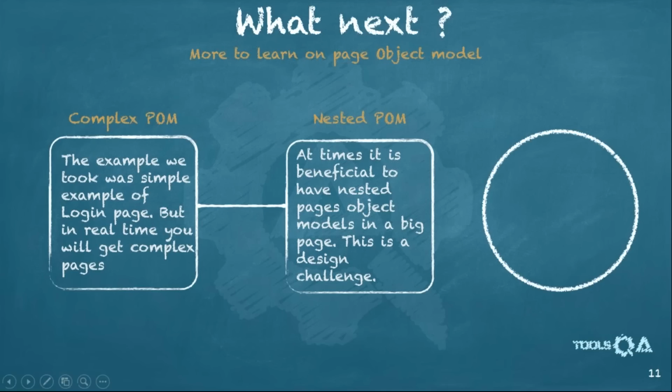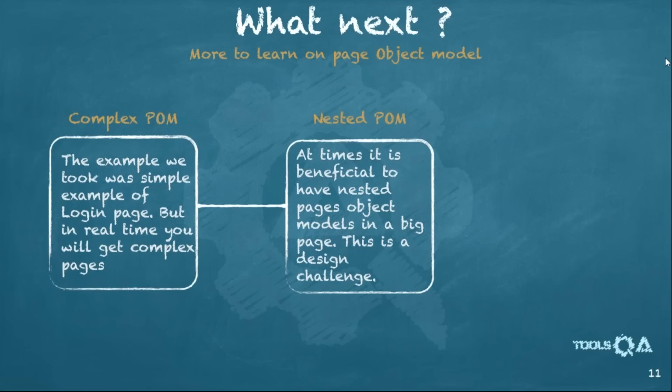These are the questions you get in the interview. The interviewer will ask you about the page object model. Most of us would just say that a page object model is something, and we would just recite a definition from the internet.